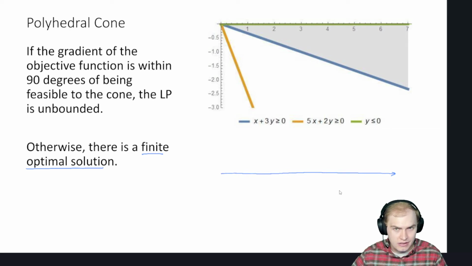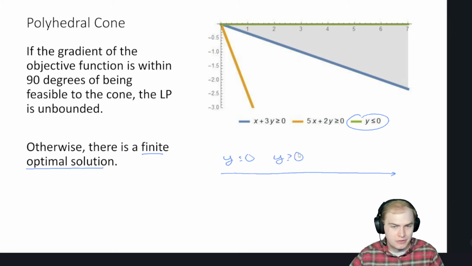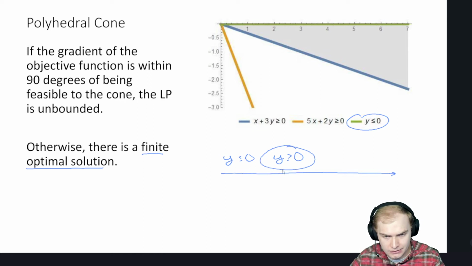Does that make any sense? So what we were saying is that y has to be less than or equal to 0, but also y has to be greater than or equal to 0 from non-negativity.